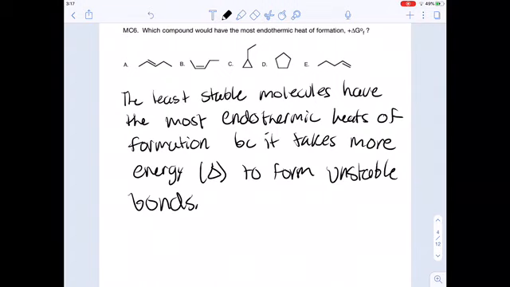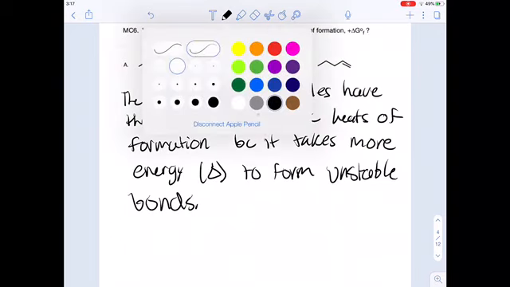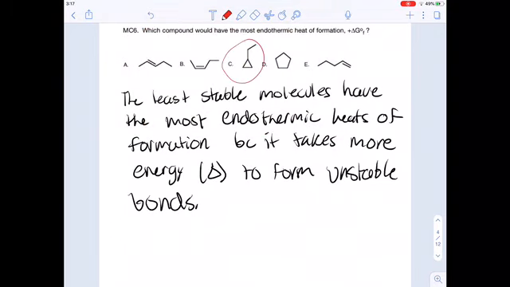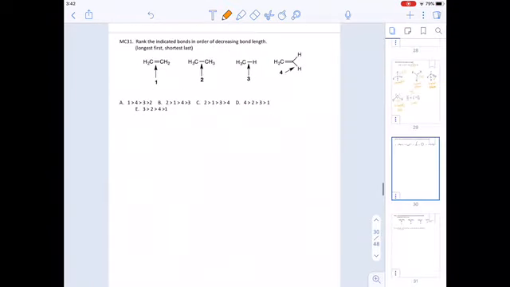So all this question is really asking us is which of these molecules is the least stable, and as you guys can probably figure out very easily, it's going to be C, because even 4-membered rings are unstable, 3-membered rings are almost unheard of. So the answer to multiple choice 6 is going to be C.